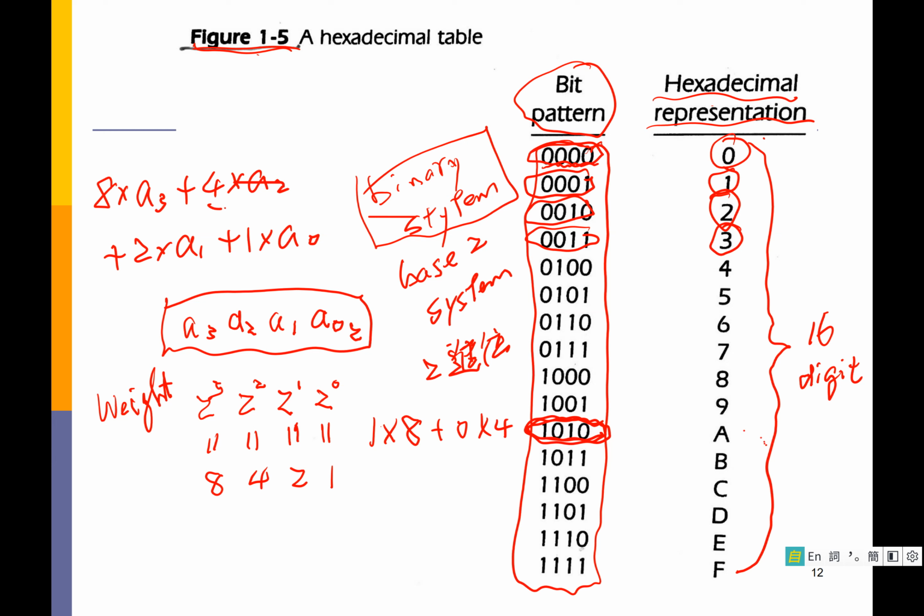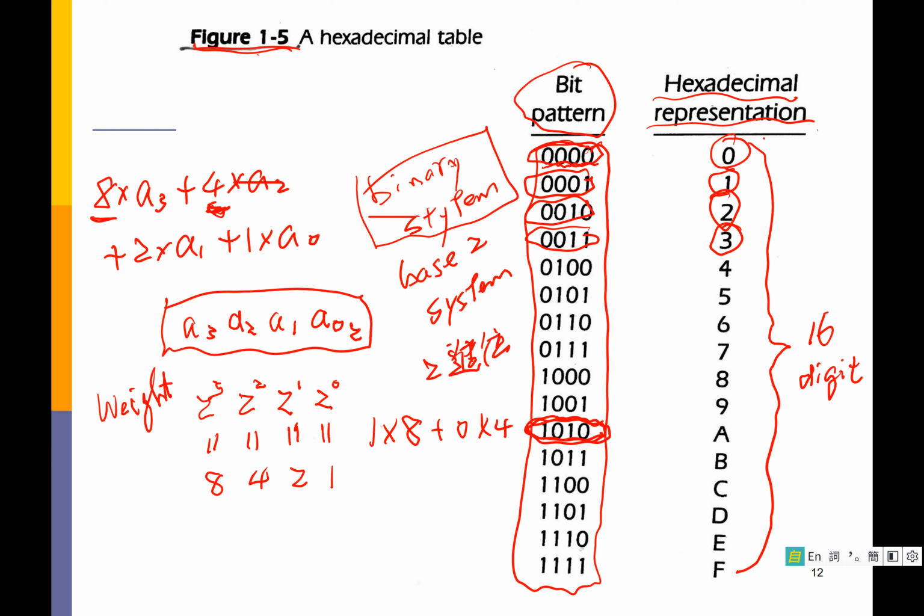The second digit from left has weight 4. And the third digit from the left is 1 times what? 2. And the last digit is 0 times its weight, which is 1.